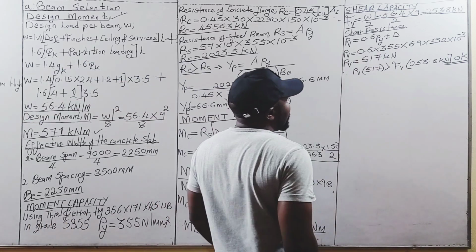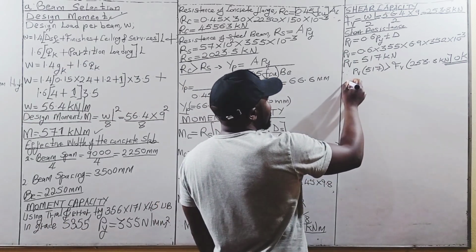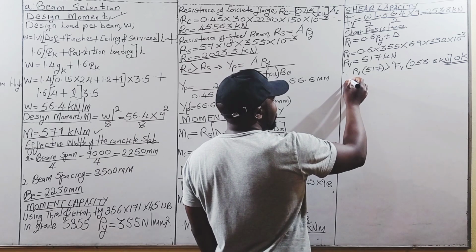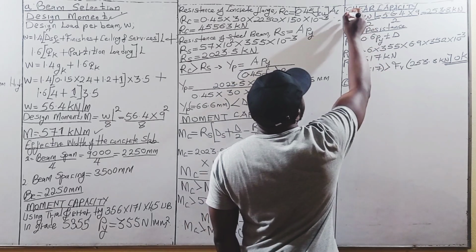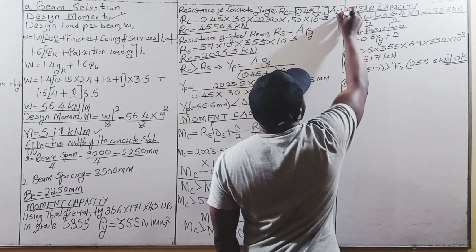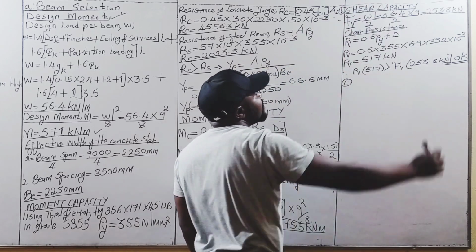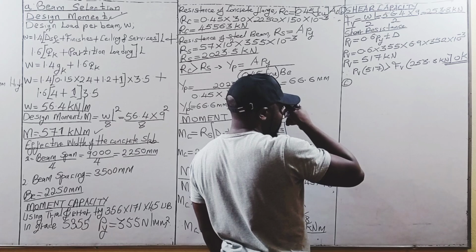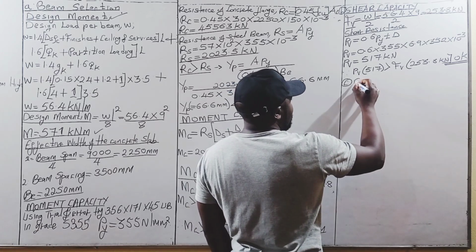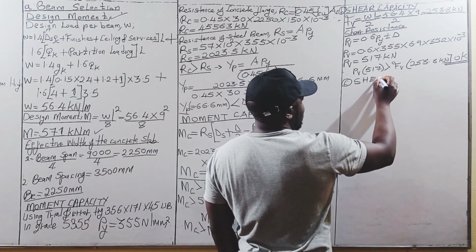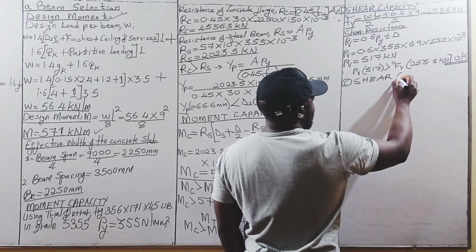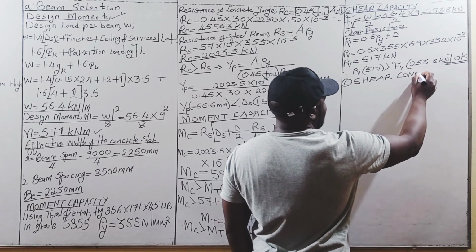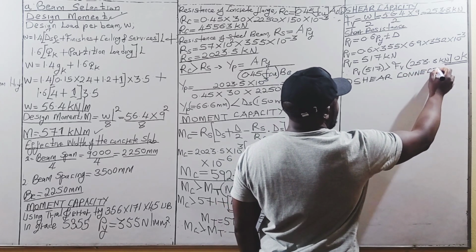After dealing with the shear capacity, we are now going to part C of our question. This was part B, shear capacity. Part C of our question is determining the shear connectors.